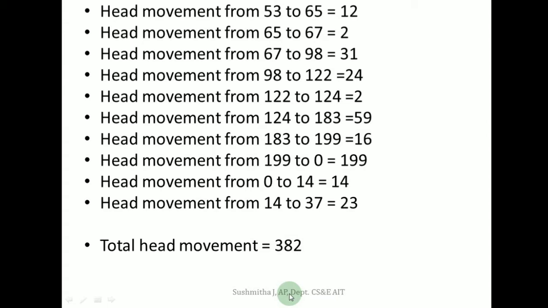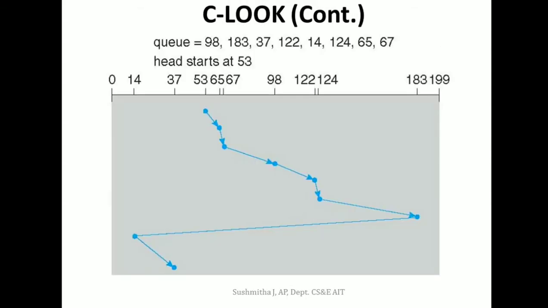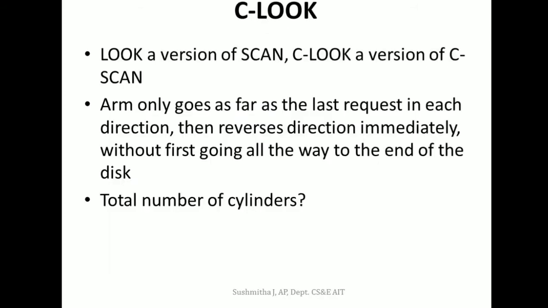The next algorithm that we have is the look scheduling algorithm, but here I have taken the example of C-look. We have look as well as C-look. These scheduling algorithms are different versions of scan and C-scan respectively: look is a version of scan and C-look is a version of C-scan.